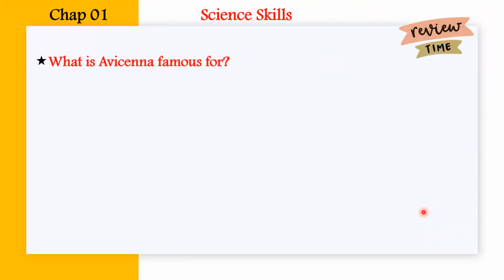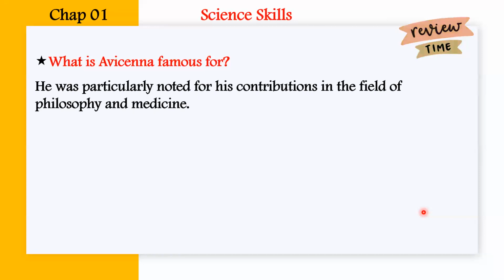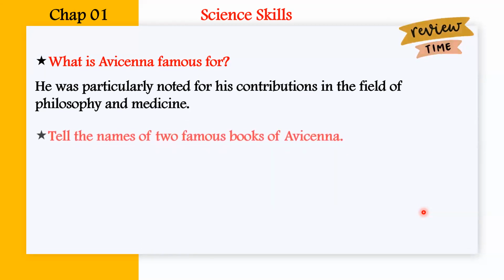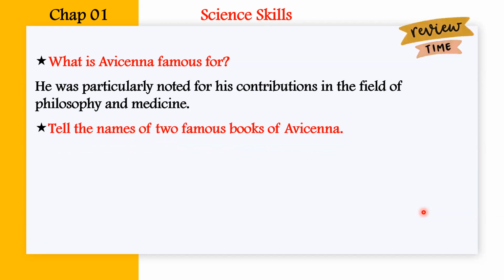Time to review our today's lecture. What is Avicenna famous for? Yes, sir, for his books and for his medicines. He was famous for his contribution in the field of philosophy and medicine. Very good. Tell the names of two famous books of Avicenna.